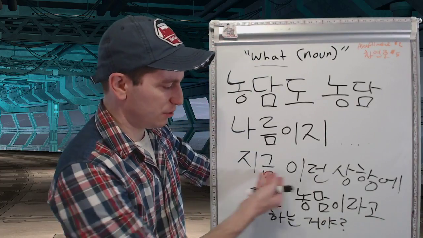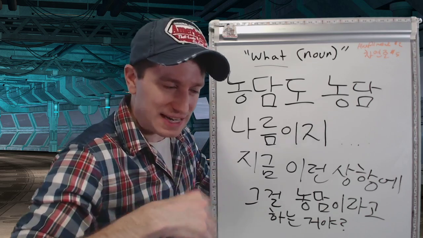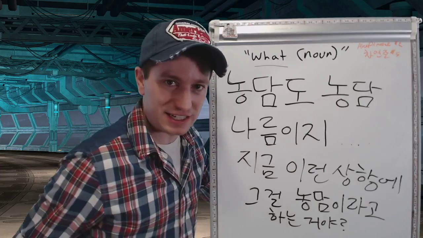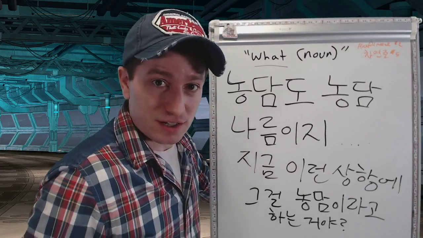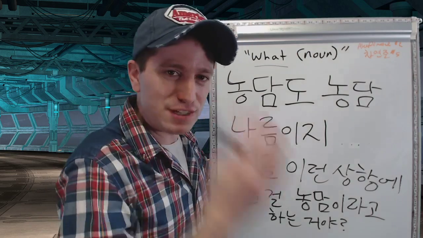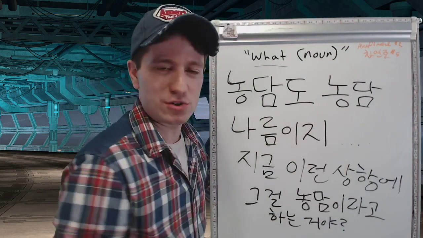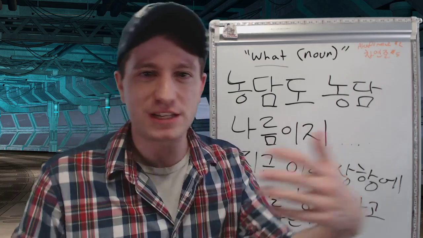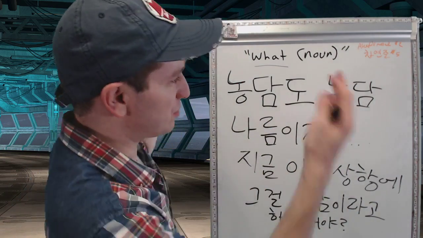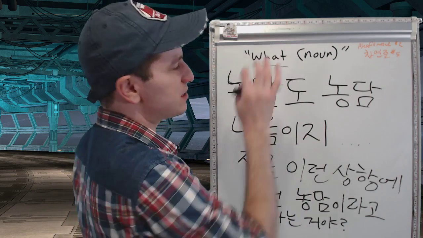Are you really going to say that's a joke in this situation? That's completely inappropriate. 농담도 농담 나름이지. Even a joke depends on the joke. So this is kind of like, be careful with what you say. Some things are jokes, some things you shouldn't joke about. So 농담도 농담 나름이지. Even jokes depend on what joke it is.